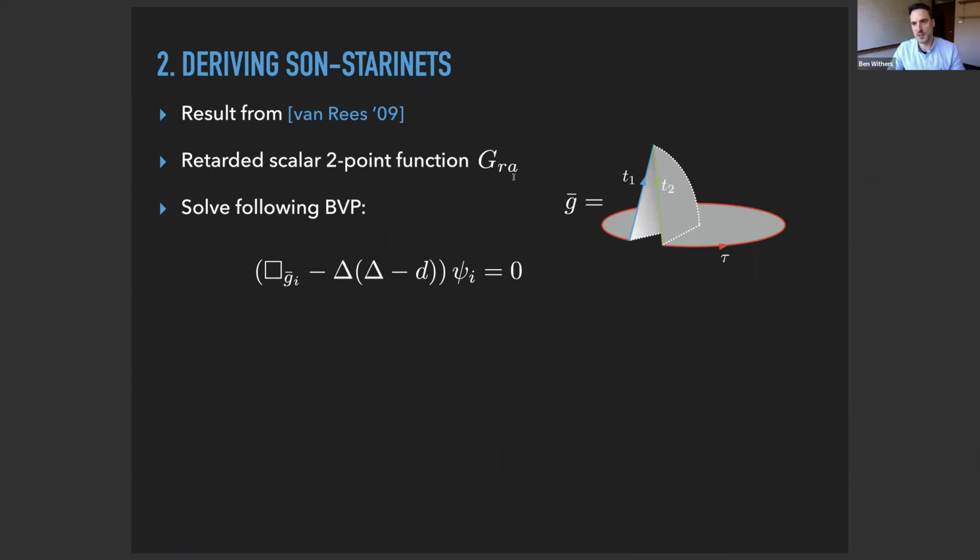And so we just need to consider the Klein-Gordon equation propagating on this piecewise geometry, which we'll call G bar, which is comprised of Lorentzian pieces and Euclidean pieces of the Schwarzschild black hole. So we'll denote our Klein-Gordon field by psi, and we'll label it by which segment this piece of psi lives on.